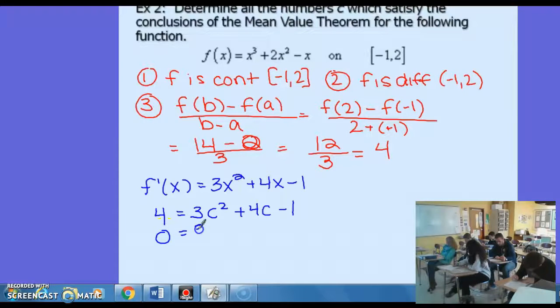So I have to subtract that 4 to the other side. Because there's no factors of 15 that are going to sum to 4. So, quadratic formula again.